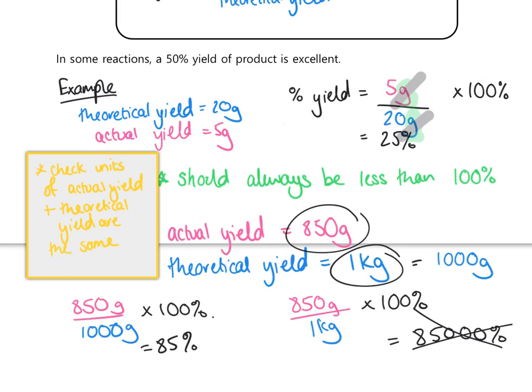Okay, so check the units of your actual yield and the theoretical yield are the same. So if one is in grams and the other is in kilograms, you need to convert one of them so that they're both in the same units.